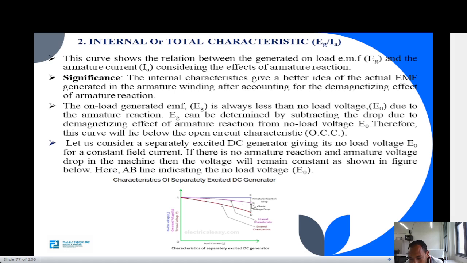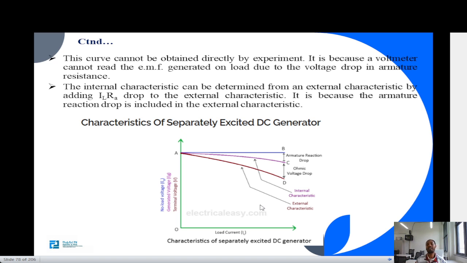This is the internal characteristic curve of our DC generator. So we can simply say internal characteristics can be obtained from the no load open circuit characteristic curve minus armature reaction. From E naught, if you subtract armature reaction, we'll get the internal or total characteristic.